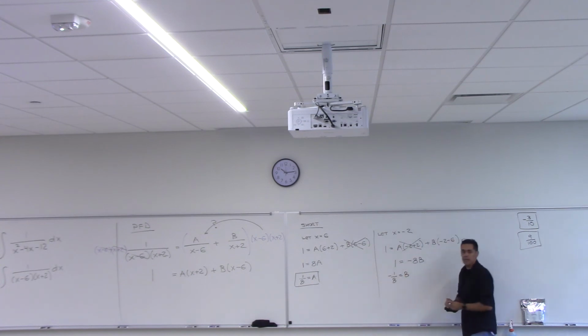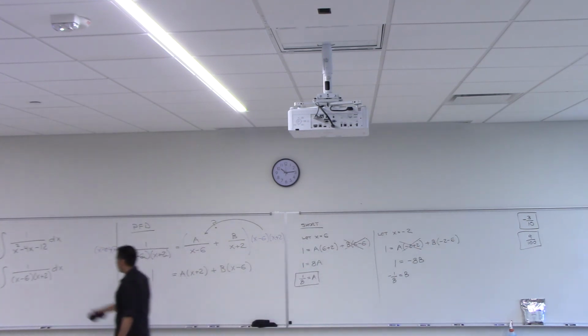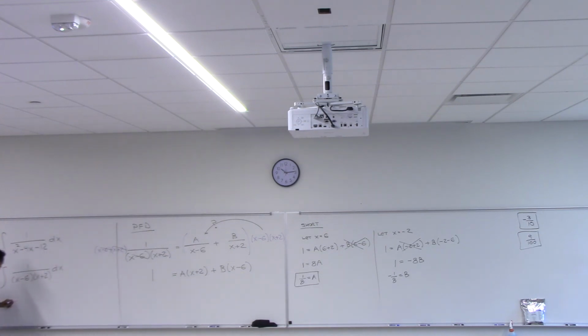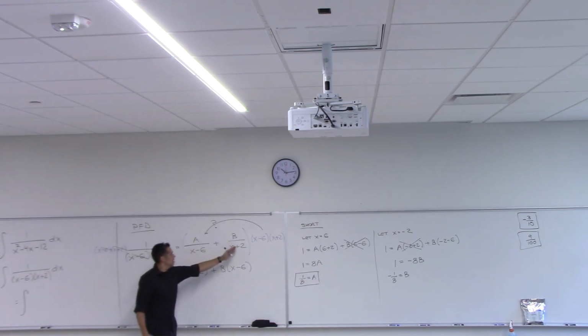And now you know what b is, right? So this original integral becomes, I wanted to split this up into 2 pieces. And what I figured out was that I can do it if a is 1/8.